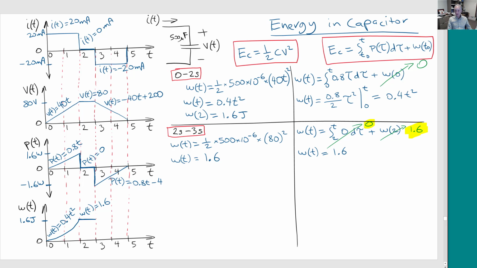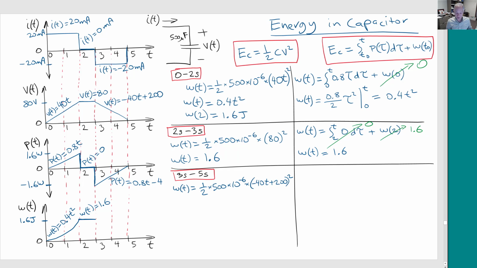We found that earlier. So then the energy is equal to 1.6. That's the function during that interval. And it is the same as we found using 1/2 CV squared. So that's perfect. We know our math is correct. So then let's do the last interval.